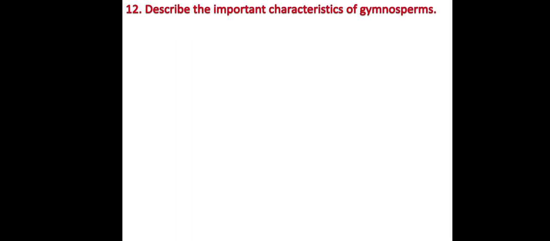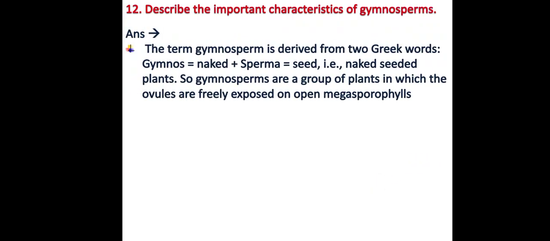Describe the important characteristics of gymnosperms. So let's see the answer. The term gymnosperm is derived from two Greek words. Gymnos means naked and sperma means seed. Naked seeded plant is gymnosperm.